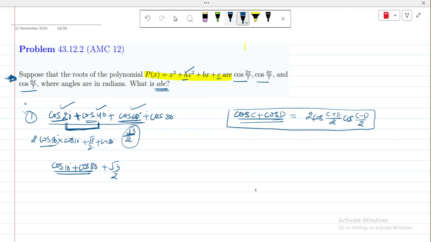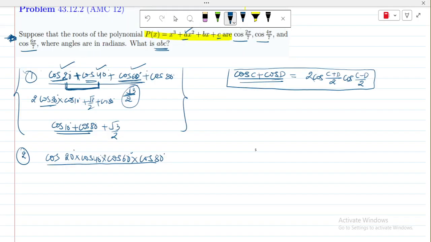What can we apply in this question, tell me. If there is a product of cos A, cos B, cos C, cos D, what can we apply? Which formula gives you cos A cos B?